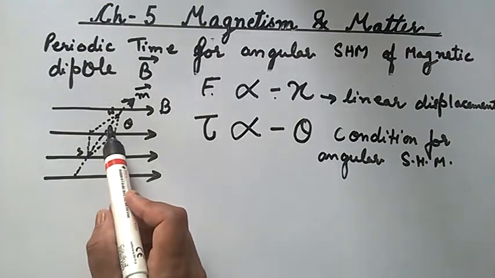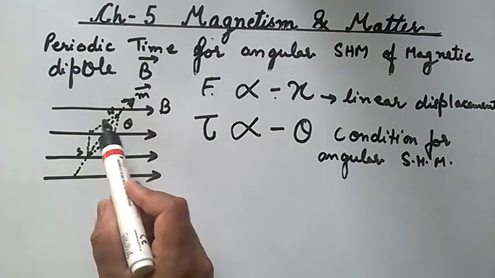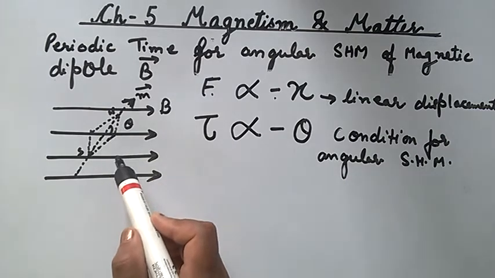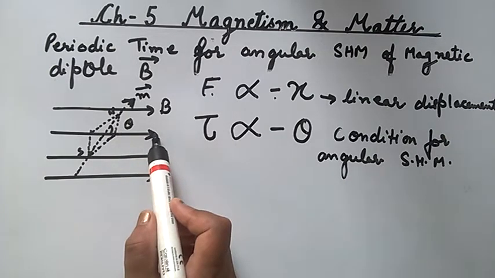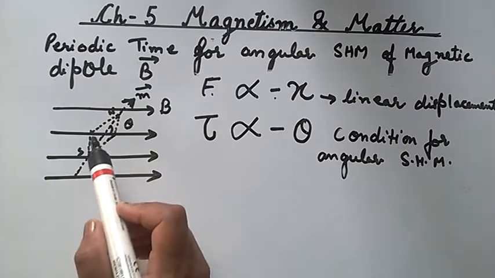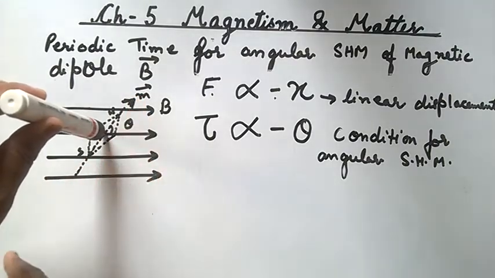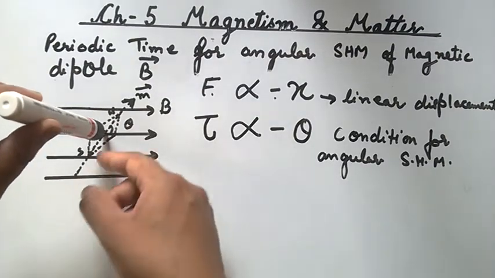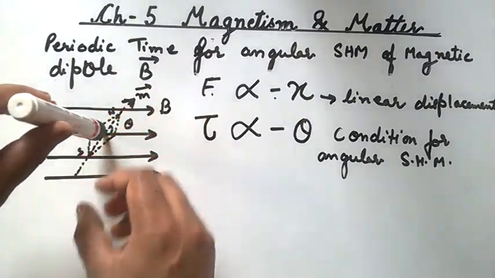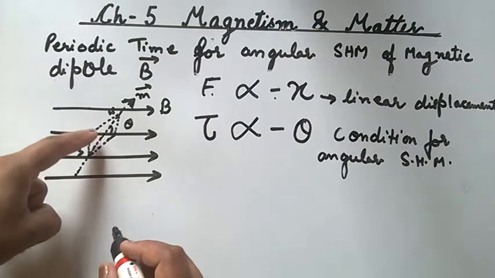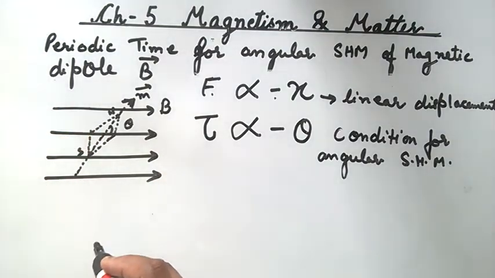Now this needle is doing a periodic motion around its equilibrium position, about an axis perpendicular to the magnetic axis and passing through the midpoint. Thus, it has some moment of inertia.